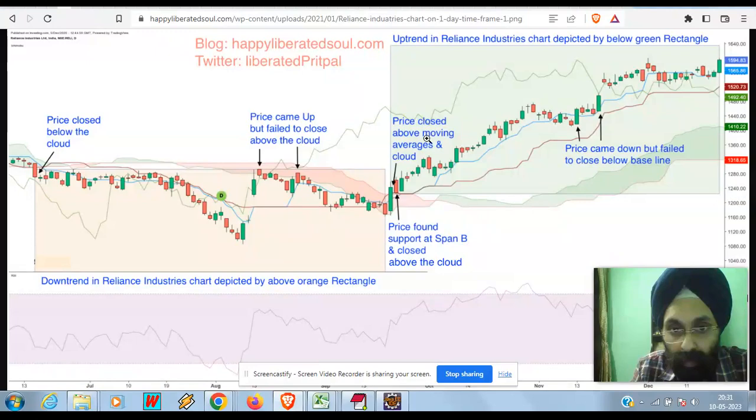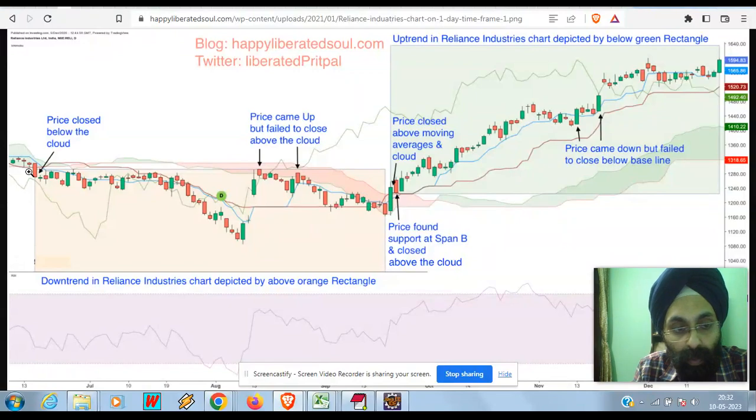So here the price closed above the moving averages and the cloud. So through this green candle, it started from somewhere below the cloud, right at the bottom of the cloud, and within a single candle, it not only broke the Tenkan Sen as well as the Kijun Sen, but it also closed above the cloud.